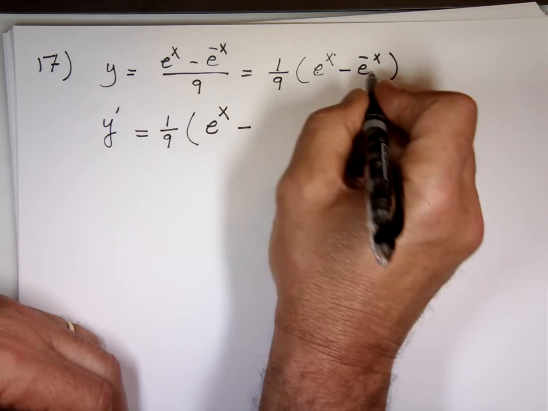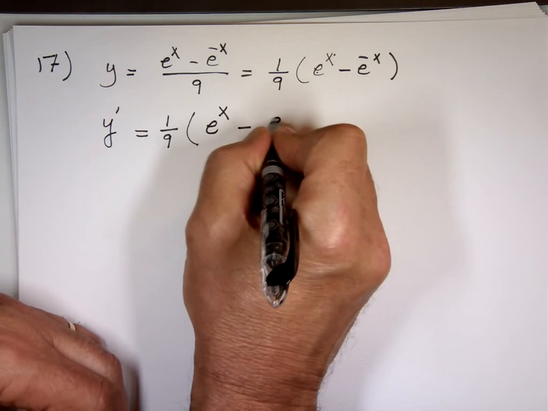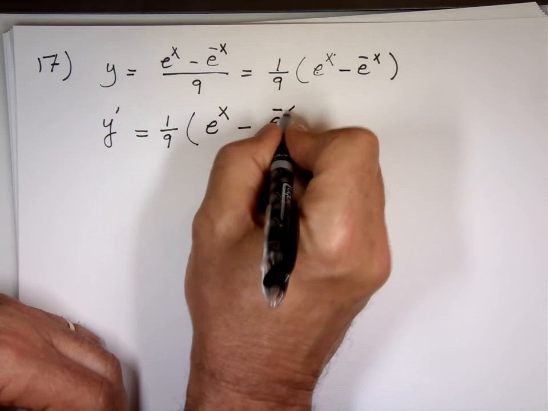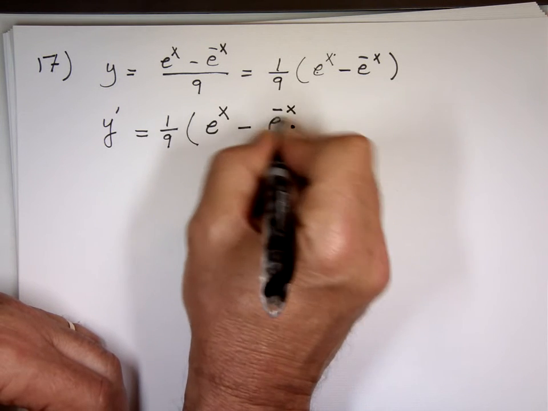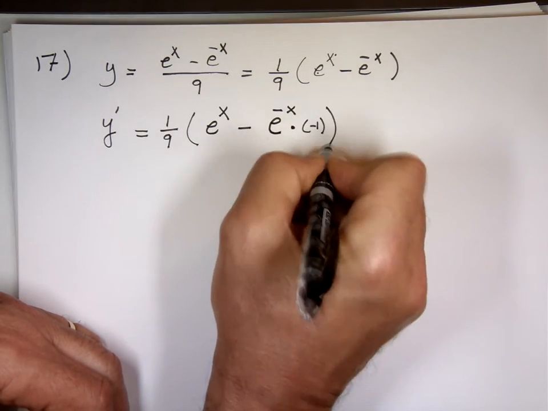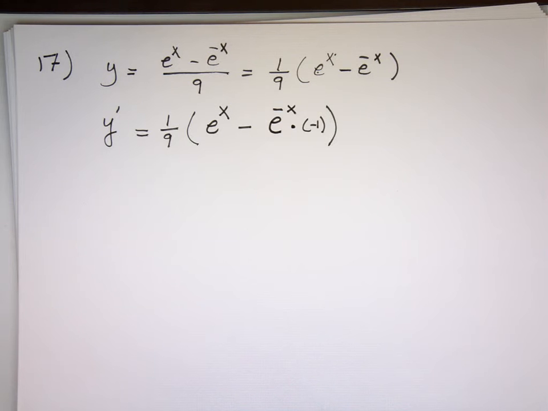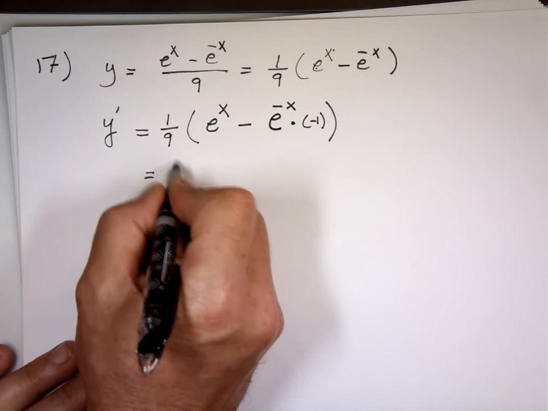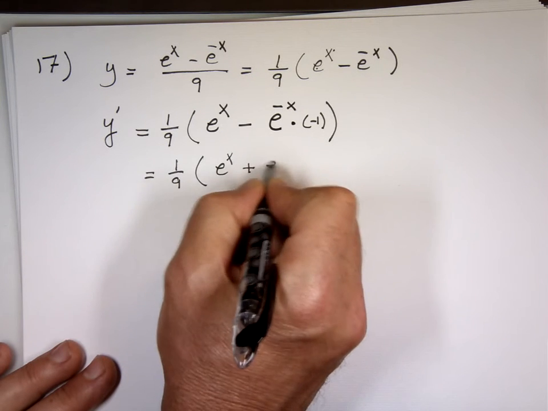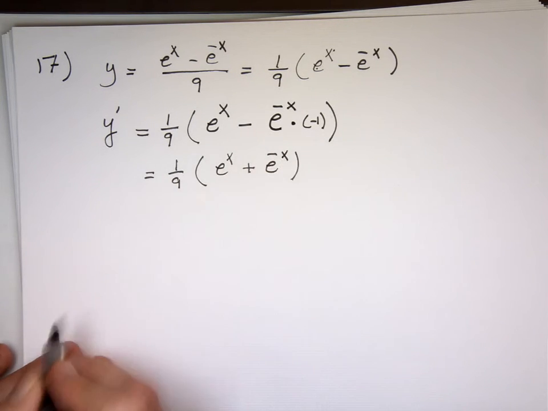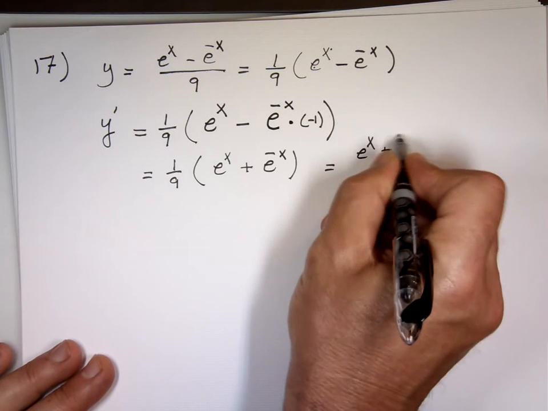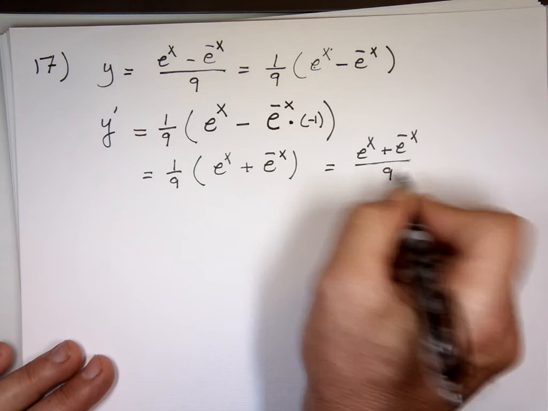What's the derivative of e to the minus x? E to the negative x times the derivative of negative x, which is negative 1. So what are you going to have? 1/9 e to the x plus e to the minus x, or e to the x plus e to the minus x over 9. No quotient rule needed, nothing.